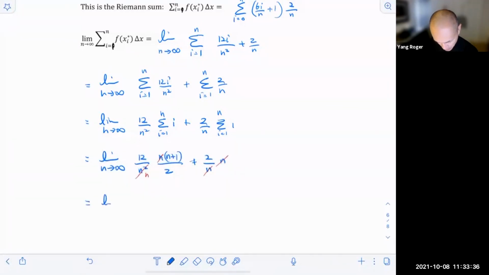We're going to get the limit as n goes to infinity of 12 over 2. That's the constant part. We'll have times n over n plus 1 over n. So that's looking at this n plus 1 divided by n. And then the last part here is just plus 2.